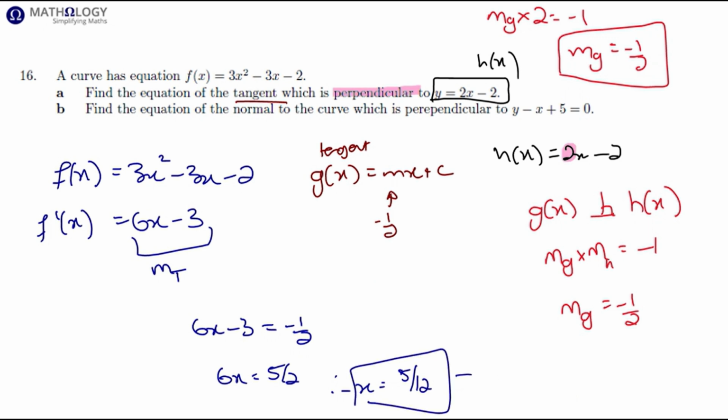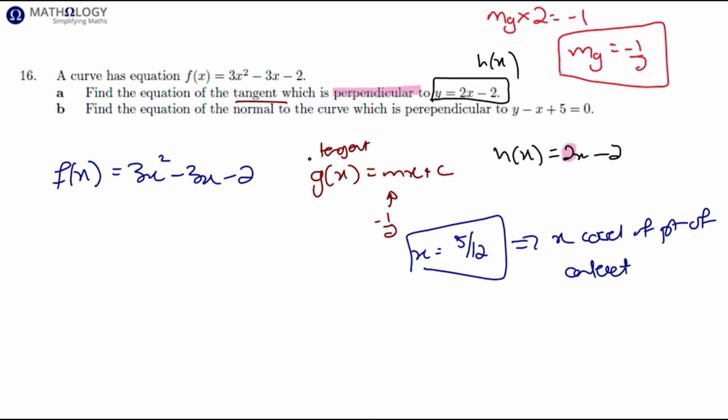X equals 5 over 12 now represents the x coordinate of the point of contact between the tangent and the curve. To find the y coordinate of the point of contact, we substitute x equals 5 over 12 into f of x. So f of 5 over 12 equals 3 times 5 over 12 squared minus 3 times 5 over 12 minus 2.